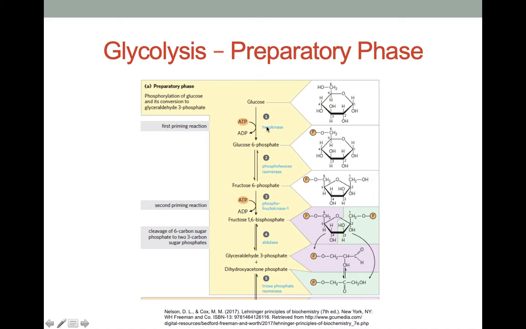So, end result of the preparatory phase, one molecule of glucose is converted into a molecule of glyceraldehyde 3-phosphate and a molecule of dihydroxyacetone phosphate. Again, we said that 2 molecules of ATP are utilized in these steps, so that's why it's preparatory. It does require the input of some energy.